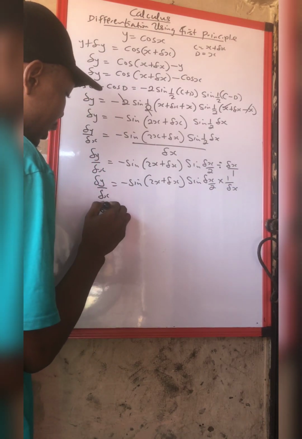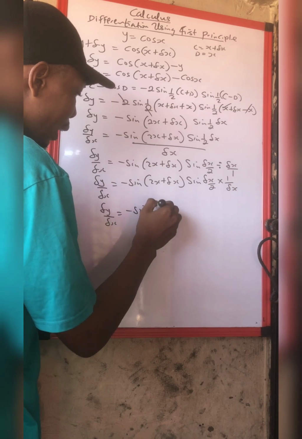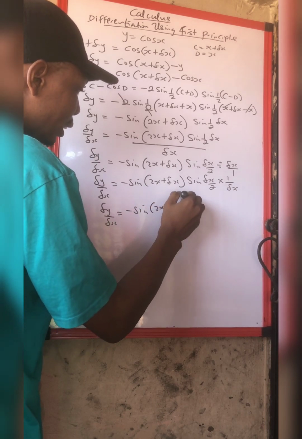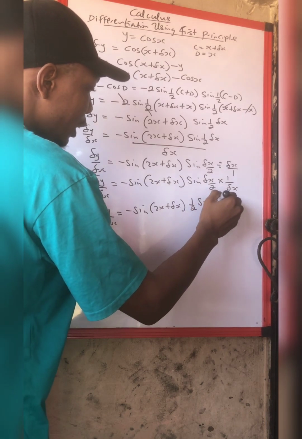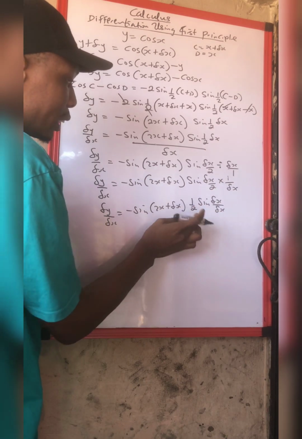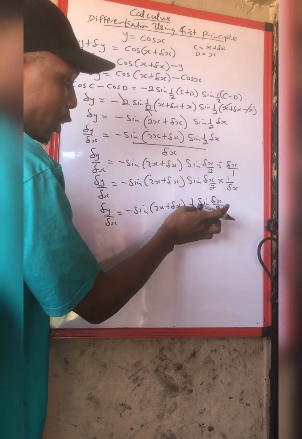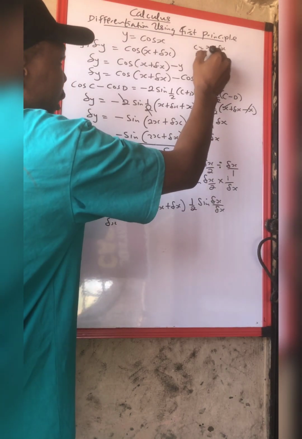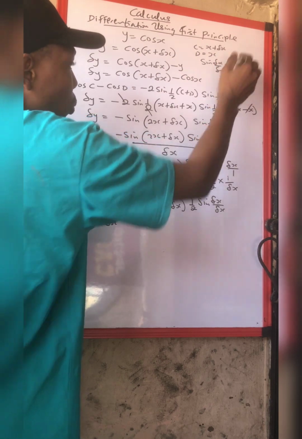So this is change in y over change in x equals minus sin(2x plus change in x), then one over 2, sin of change in x over change in x. I told you, whenever you have sin of change in x over change in x, it is equivalent to 1.